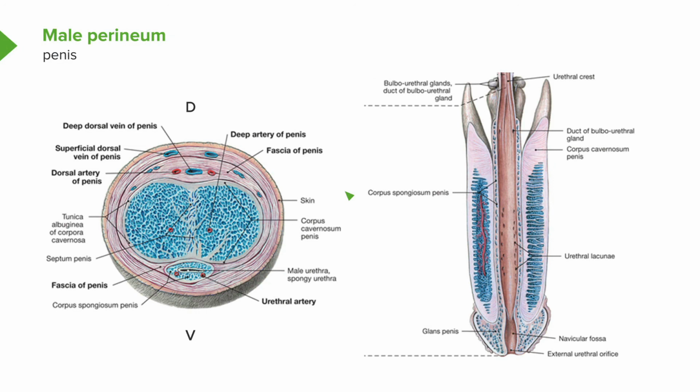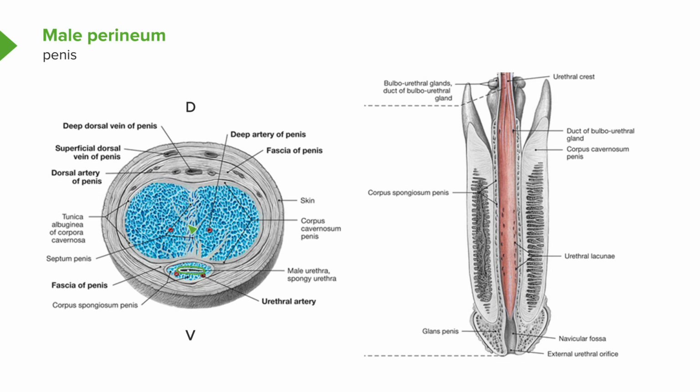We can see that we have these large erectile tissues. See them here and see them surrounding the urethra. Here we have the urethra, the spongy urethra, which we can see here. Surrounding them, we have corpus spongiosum, and positioned more dorsally, we have this erectile tissue, which is the corpus cavernosum.